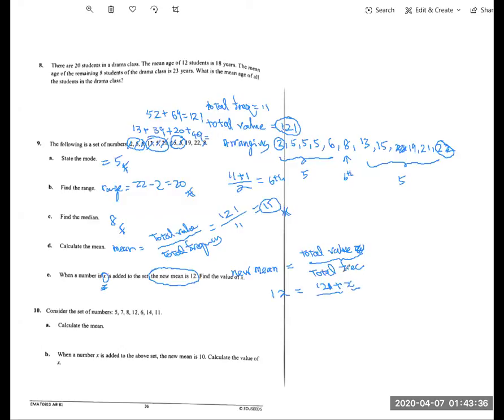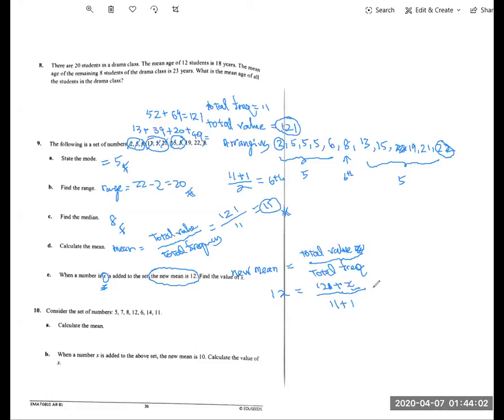Then the total frequency. Remember, earlier it was 11 of them, okay? With x come in, x is actually one number itself, okay? We don't know what the value is, but we know it is one number, so the frequency is 1.